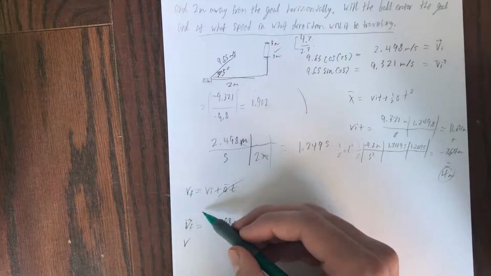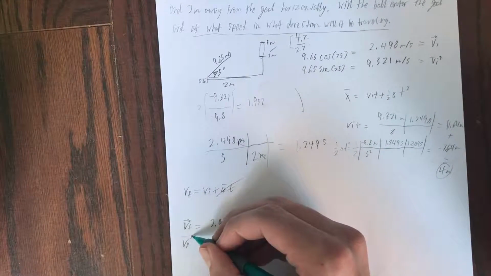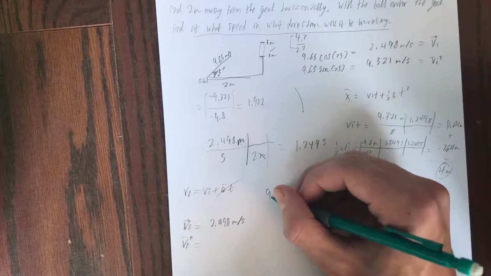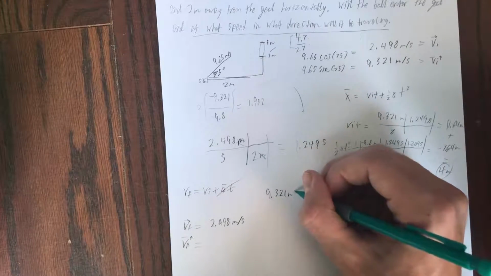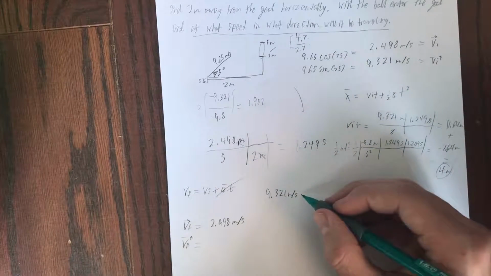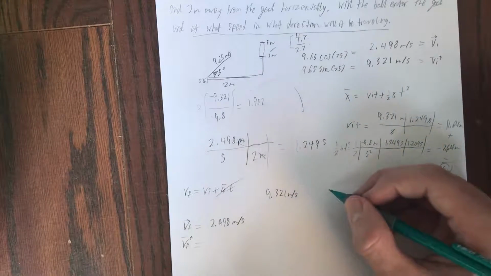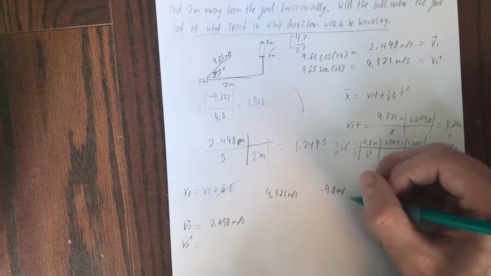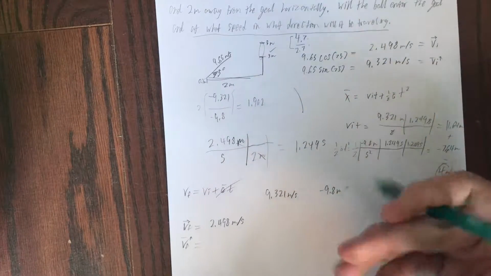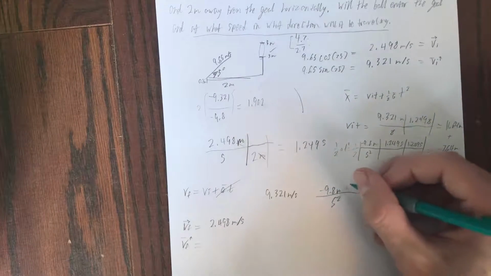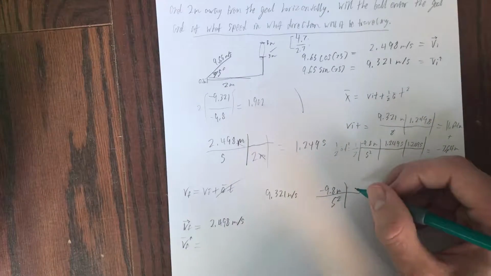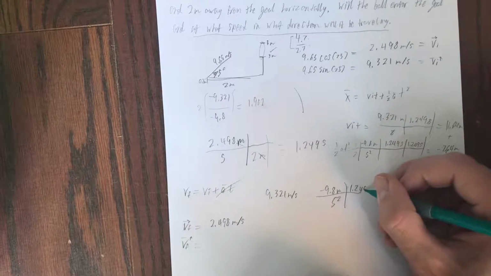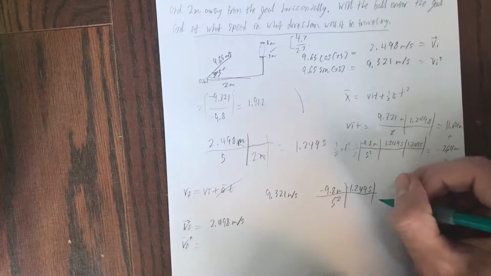Now for the final vertical velocity, which is a little bit different, we're going to actually need to do this out. Our initial velocity is 9.321 meters per second. That's just going to sit there while we do negative 9.8 meters per second squared times the 1.249 seconds.